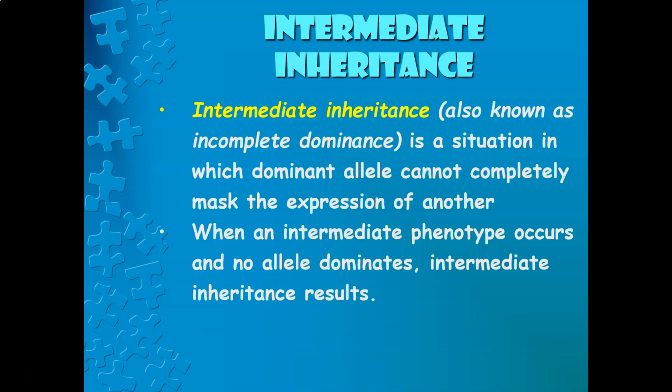And so as a result, you end up with an intermediate result. You end up with, instead of two distinct phenotypes from three genotypes, three genotypes with their own individual unique phenotypes. So 3 genotypes to 3 phenotypes when we look at intermediate inheritance.